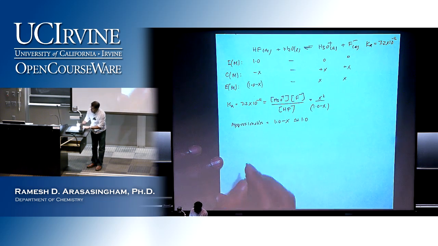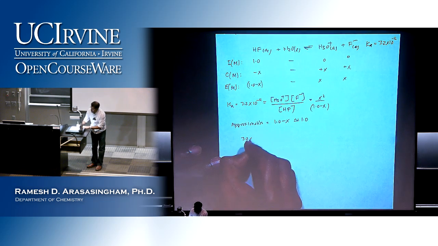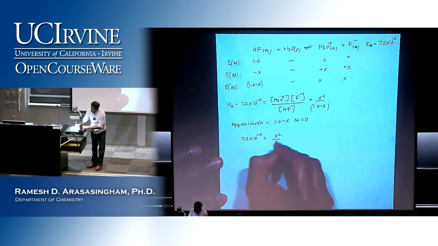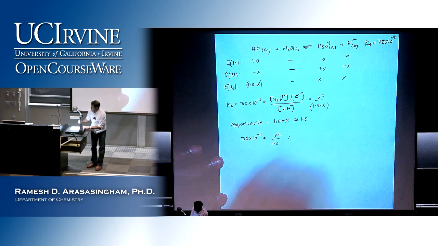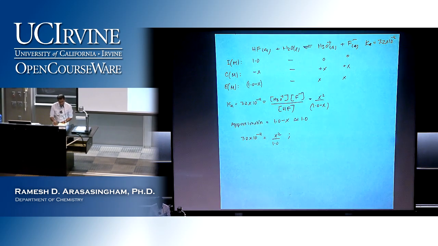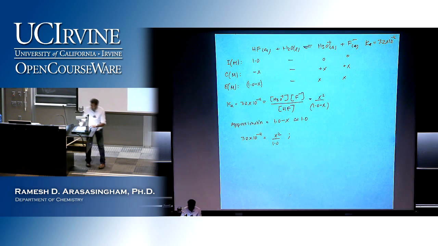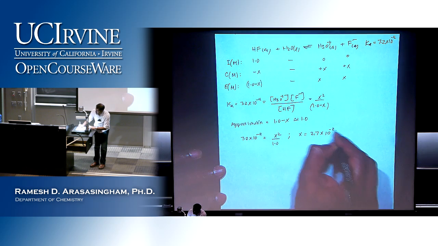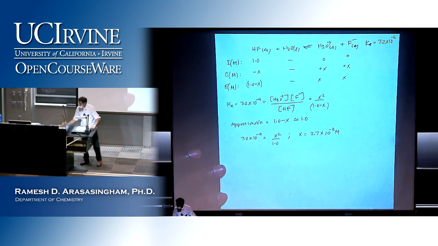So I can go back, and I can say 7.2 times 10 to the negative 4 equals x squared over 1. And therefore, if you work that out, it comes out to be 2.7. So x equals 2.7 times 10 to the negative 2 molar.